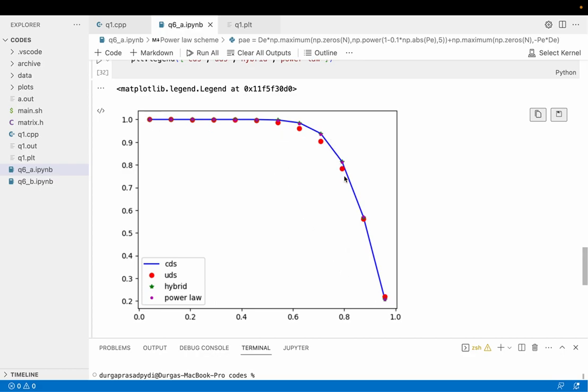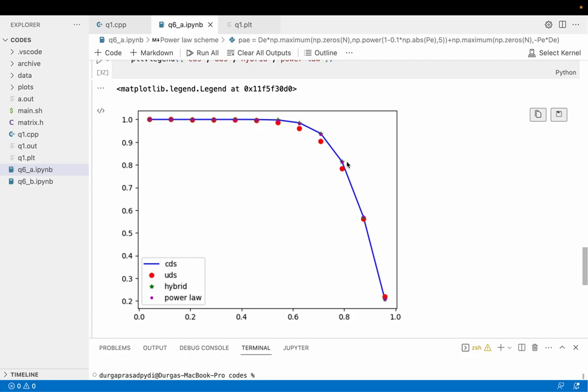Only when you have sharp curves, you might have heard of this called false diffusion. Essentially the problem with UDS is if you have any sharp changes in your profiles, UDS will not be able to capture it, it will try to diffuse it, so it will underestimate those. So if it has a sharp curve, then the predictions from UDS will be off the actual result.